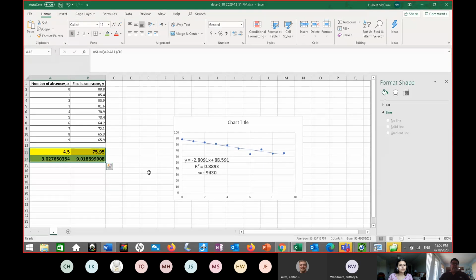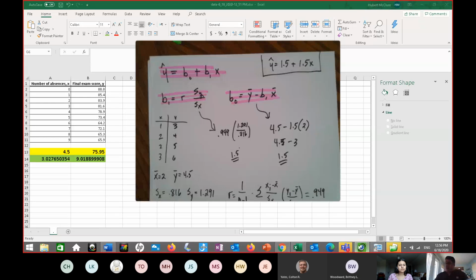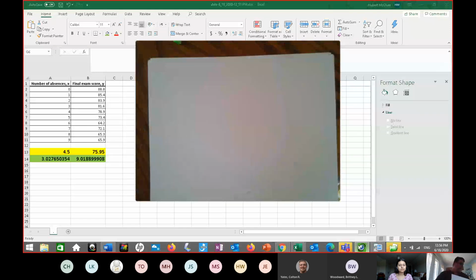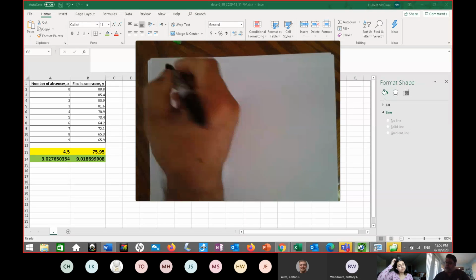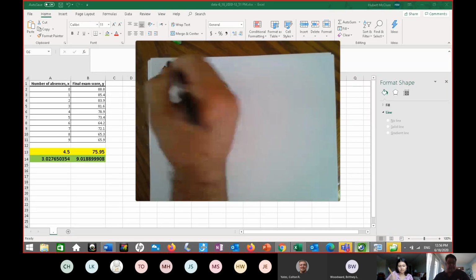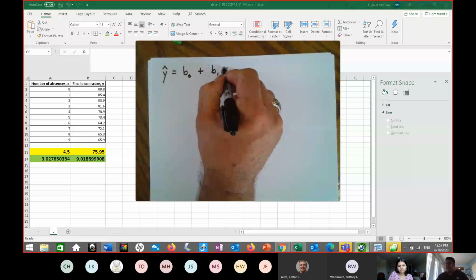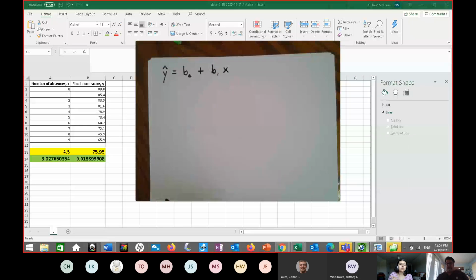All right. So I'm going to take my handy dandy piece of paper here, and we're going to write down how to do this for those questions that ask you to do it for part B or whatever. The regression curve is equal to your y-intercept plus the slope times x, or y is equal to mx plus b. But that's too redneck.